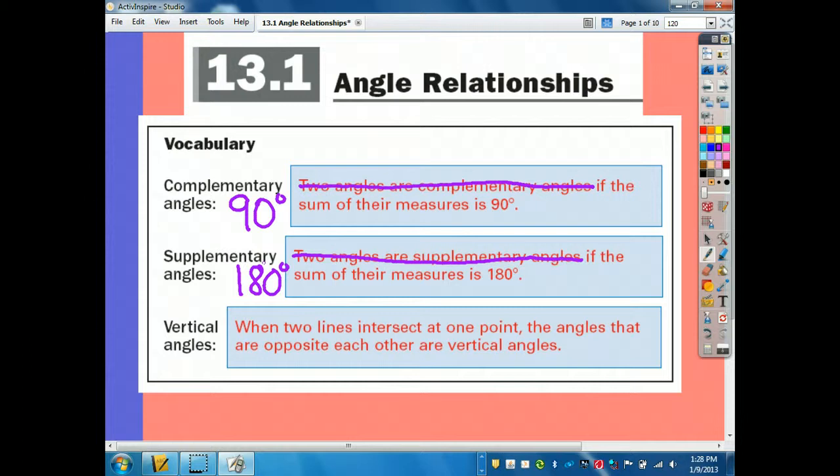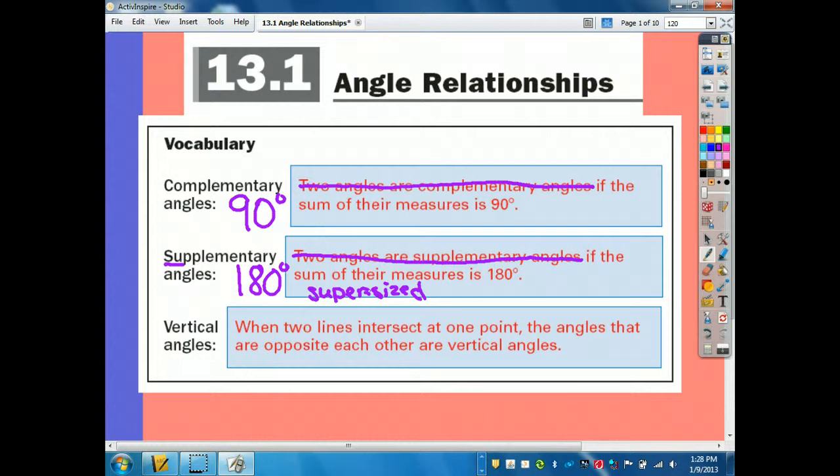Super size, super supplementary angles. So just think of it as supersized. The big one is supersized. It's the 180. The two angles that are 90 degrees, those are complementary.